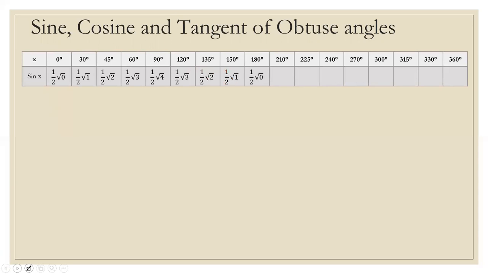Look at the pattern: a half square root 0, 1, 2, 3, 4, then 3, 2, 1, 0. Simplified, this is 0, a half, a half square root 2, a half square root 3, 1, a half square root 3, a half square root 2, a half, and 0.